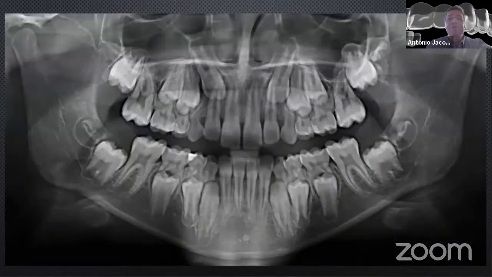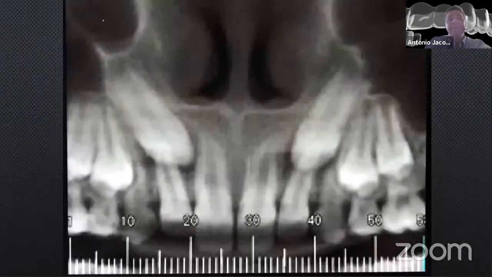As she's growing, both canines are coming to mesial, and they are above the roots of the lateral incisors. So at this time, I thought maybe this is the time to extract the deciduous canines and the first molars, to try to have some space so these canines can alter their path of eruption and come into the right position.